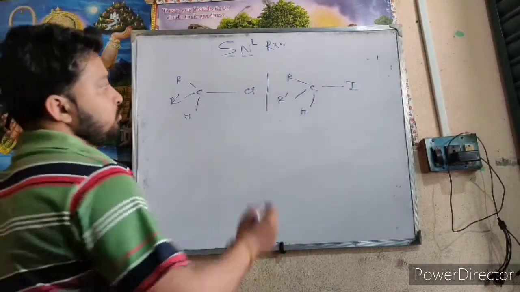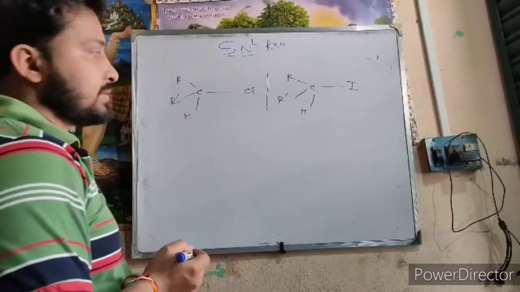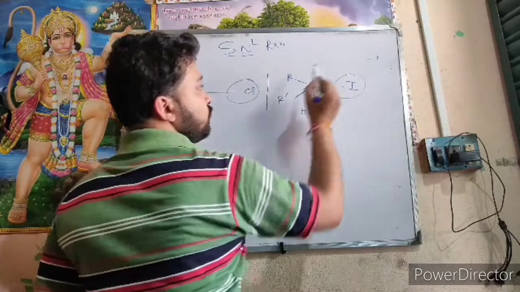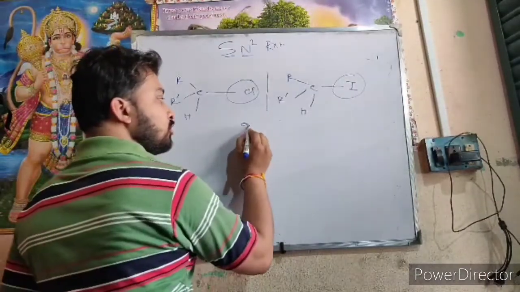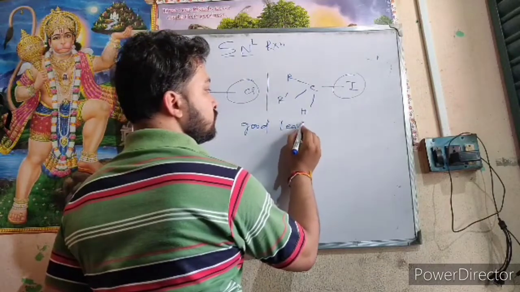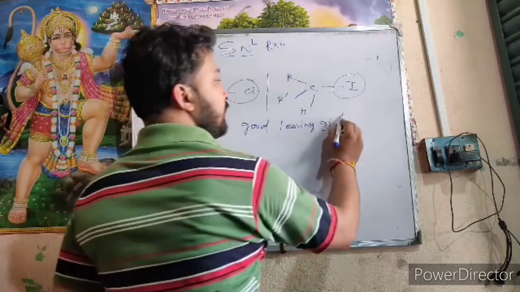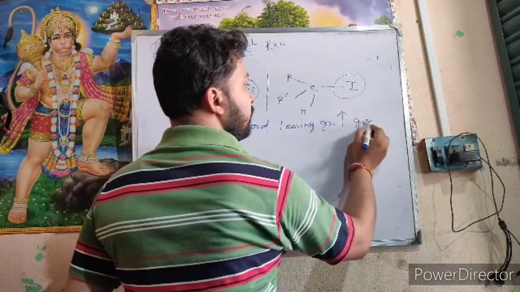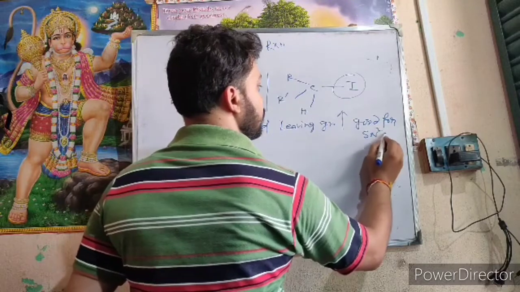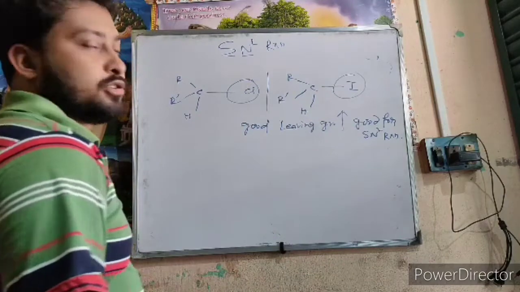And if you ask me what is good for SN2 reaction, it is depending on this group. So a good leaving group is good for SN2. We can compare in this way.